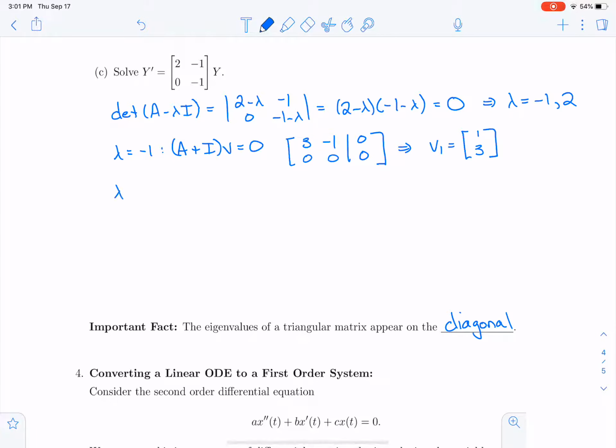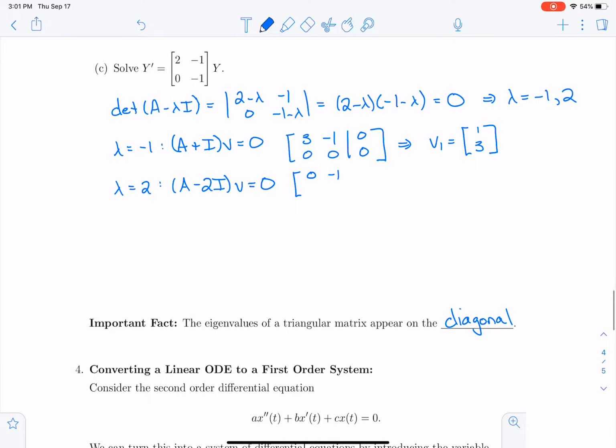For the other eigenvalue, lambda equals 2, that's A minus 2I times v is equal to 0. Then when I plug in 2 for lambda in A minus lambda I, I'm going to get the matrix [0, -1; 0, 1]. Set that equal to 0, 0.